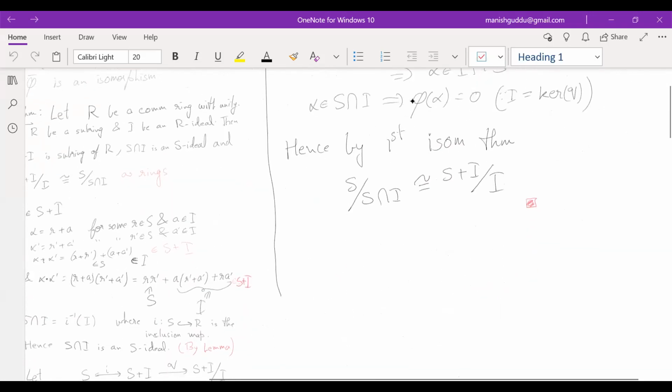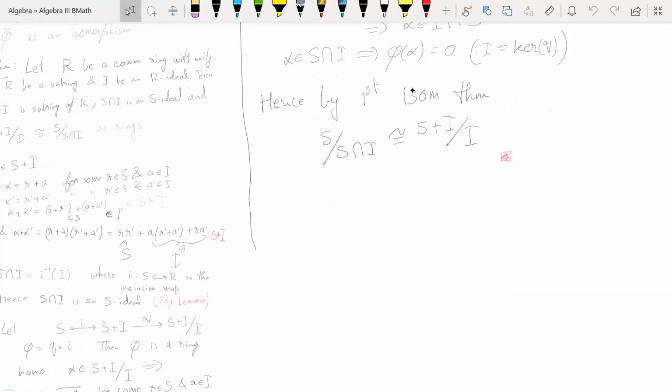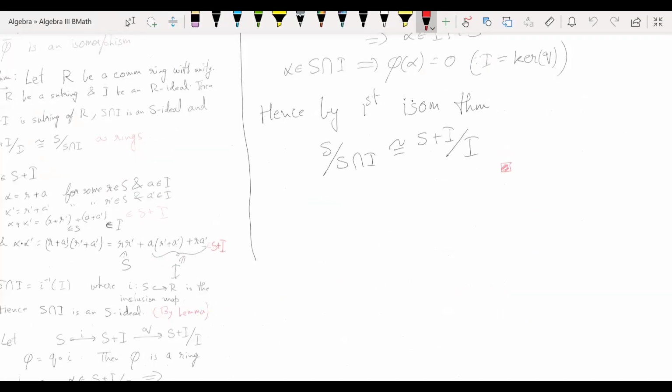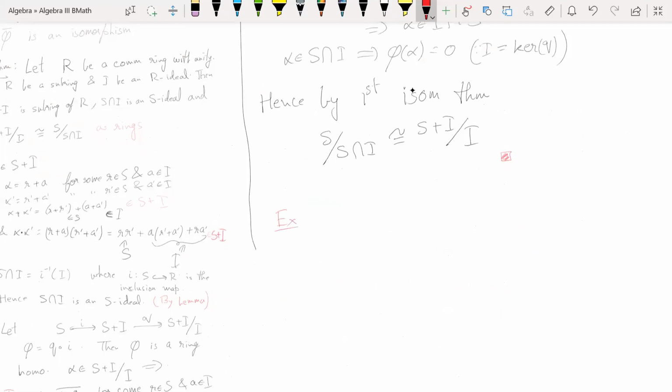Sir, it was Z[x] quotient the ideal generated by 2 comma x square minus 2. Yeah. This notation means the ideal generated by 2 and x square minus 2.